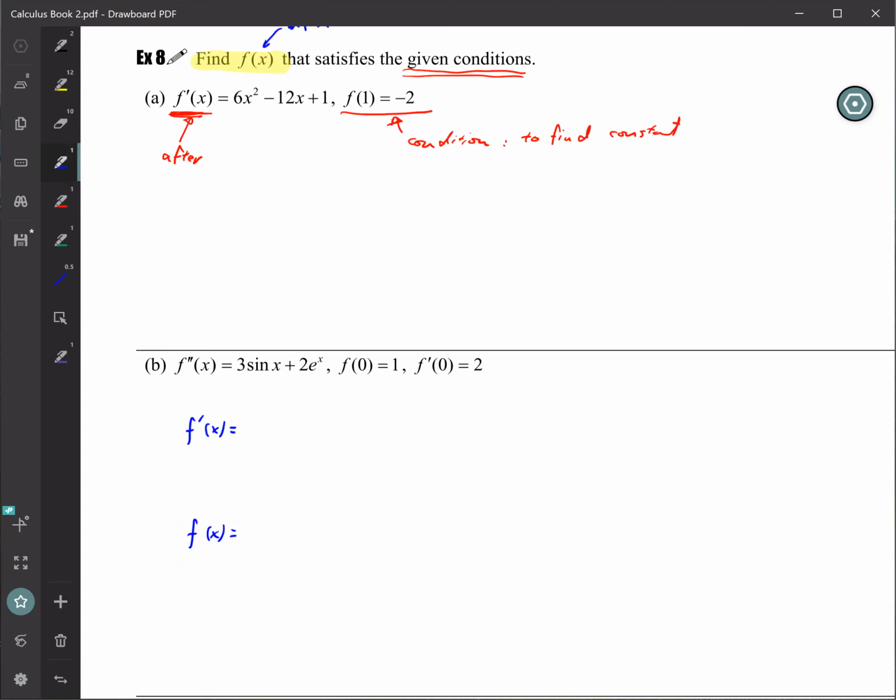I'll let you try this out. You can raise your hand when you feel that you got stuck, and then I can go over it, or if you finished. Just go as far as you can. The conditions are there for you to sub in to find the missing constant.